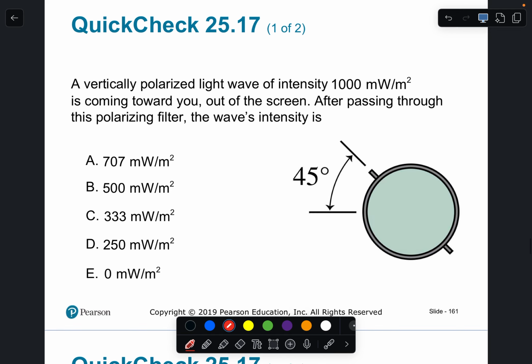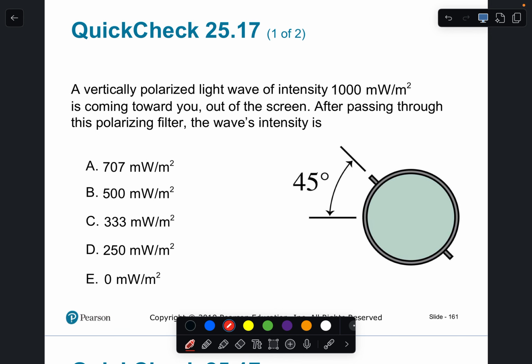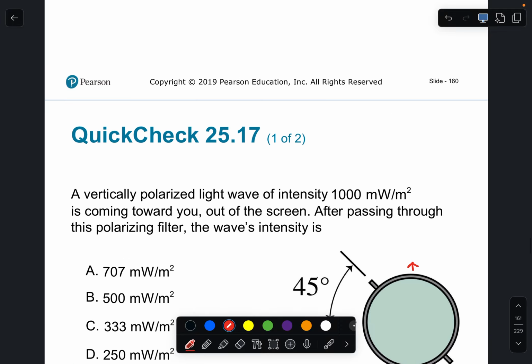So let's talk about Malus's law, just a quick application here. So let's say that we have vertically polarized light coming towards us. So behind this filter, we have polarized light in the vertical direction, okay? I'm not drawing it all the way because it's behind the filter.